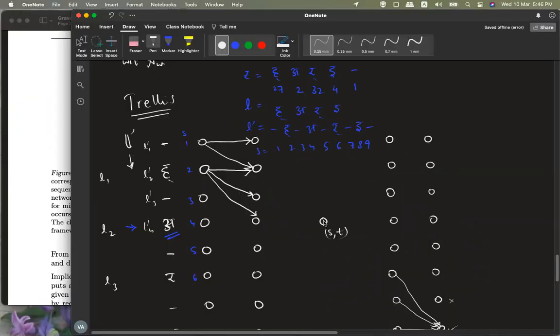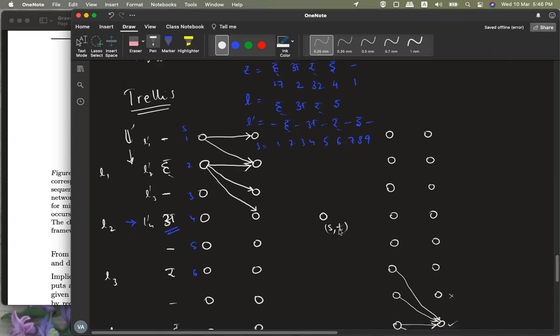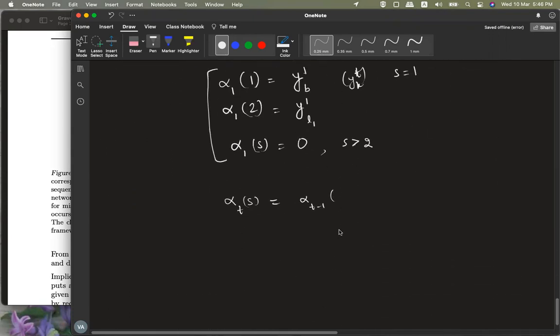So yes, we have to reach this state s comma t. To come to any state, I can come from either the same state, of course at the previous time step, or the previous state, right? From s or s minus 1. Okay, let us write that. My alpha t s will be alpha t minus 1 s or alpha t minus 1 s minus 1, multiplied by the probability of the current state, which is y k t.